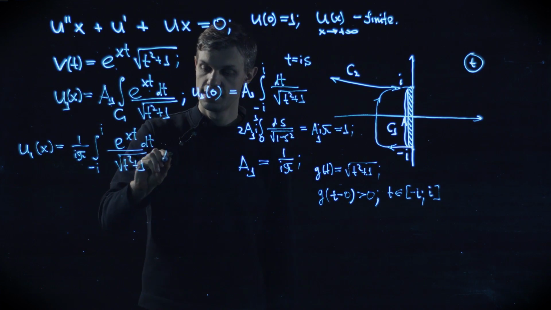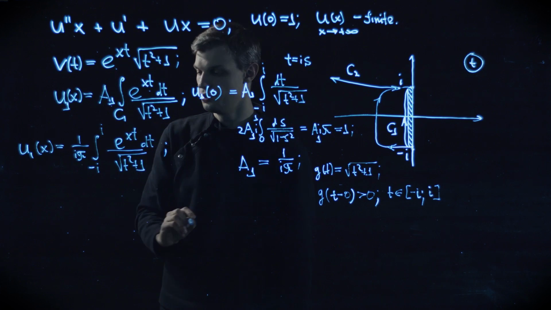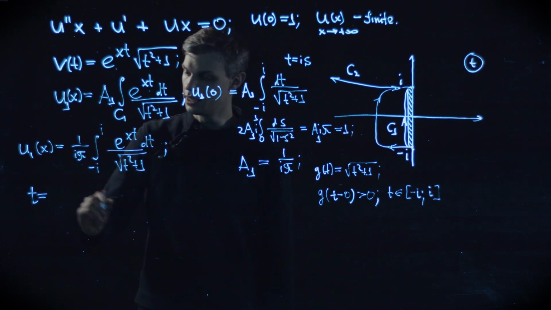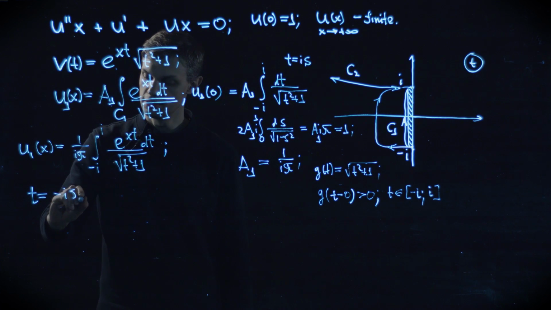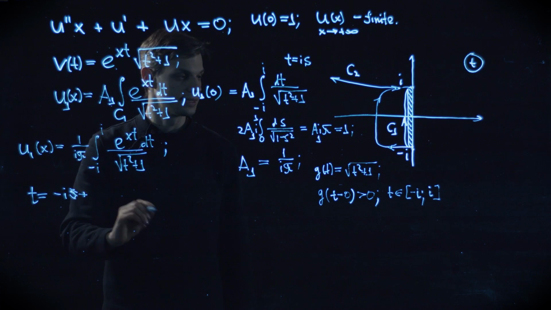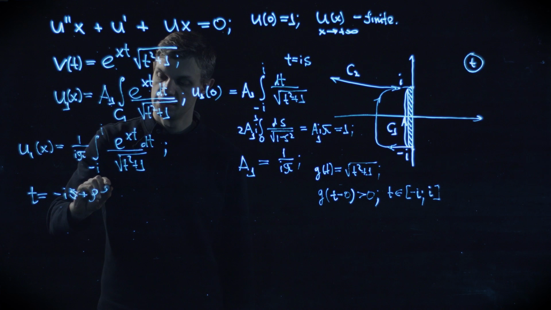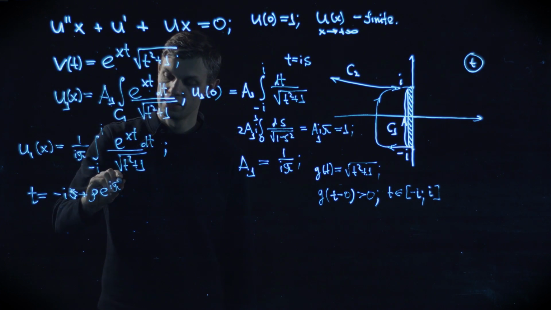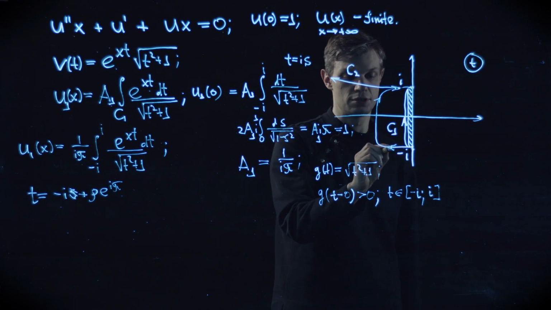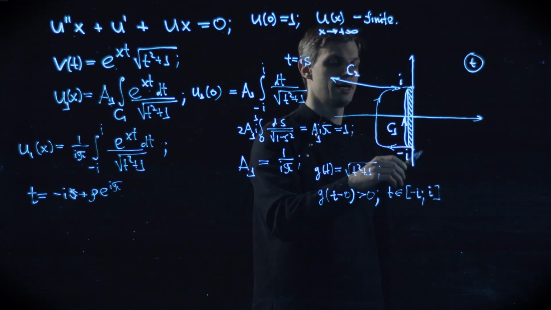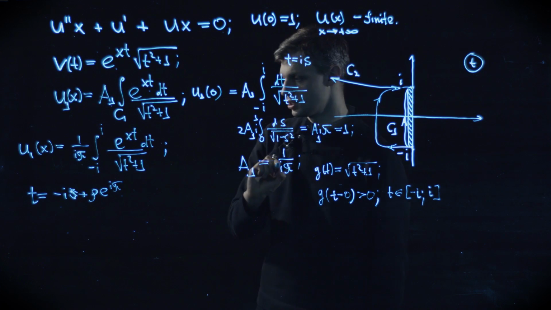So let's do this. First we introduce a change of variables. t is equal to negative i plus rho times e to the i pi. So rho is the modulus of this complex number which goes from this point, and pi is its argument, right? Because it goes in the negative direction.